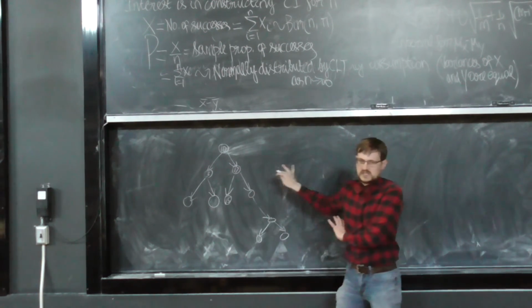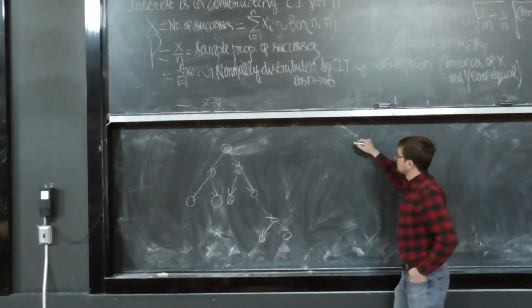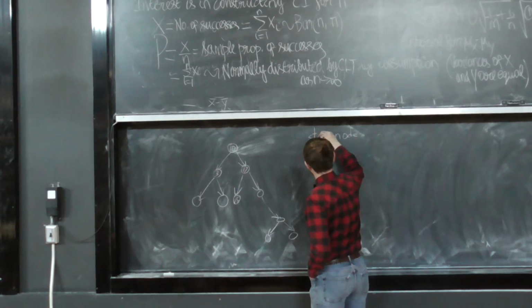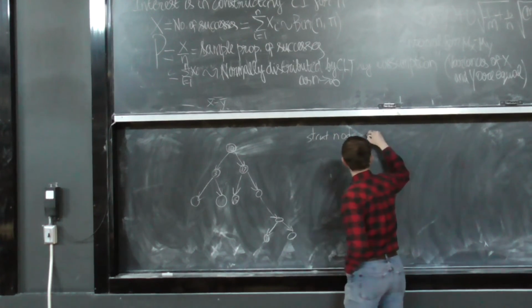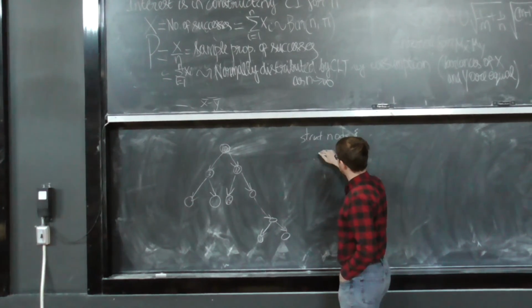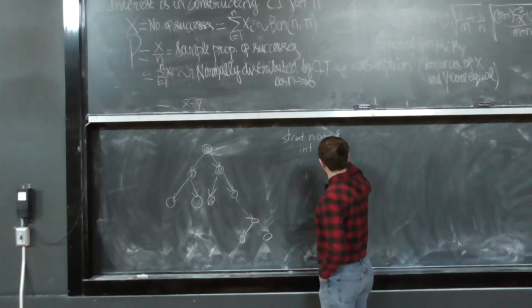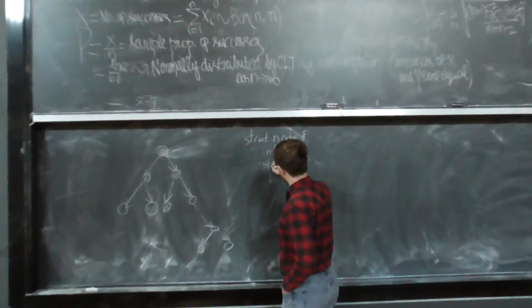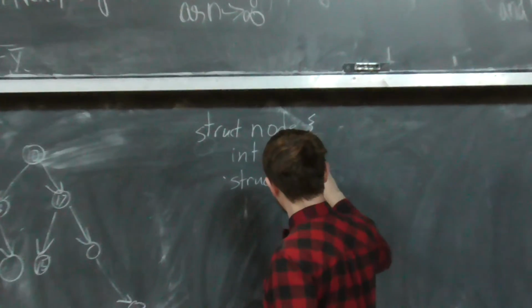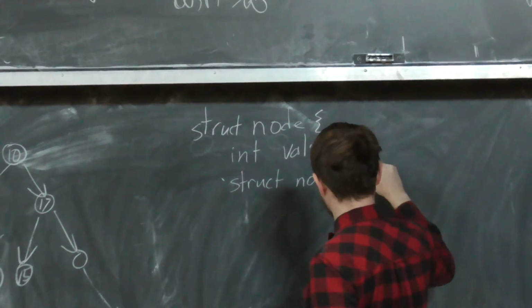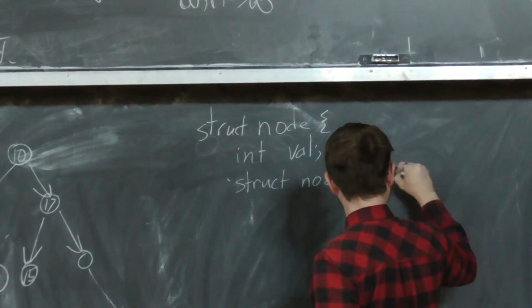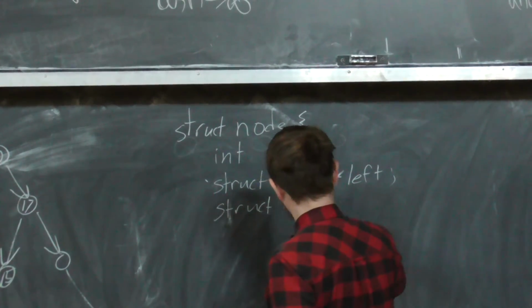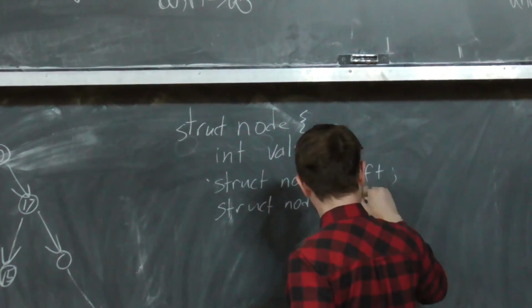Etc., etc. You would have a structure, struct node, int value, struct node pointer left, struct node pointer right.